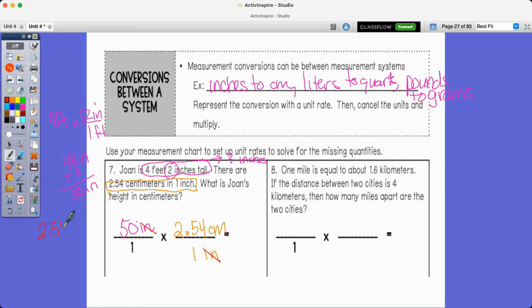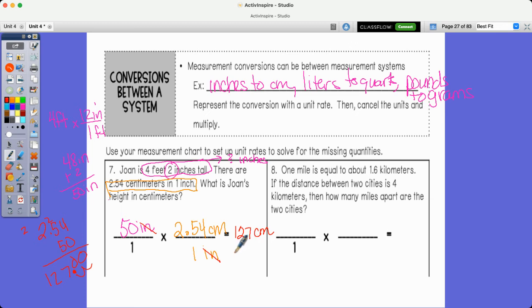So I have 2.54 times 50. I have 2 decimal places, so come in once, twice. And then my answer is 120 centimeters is the height.